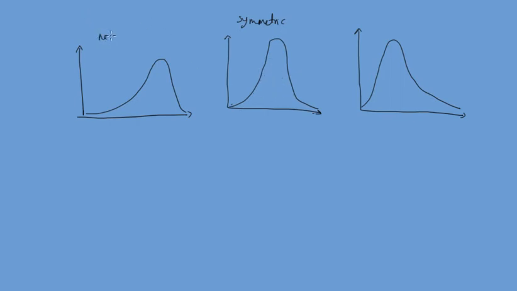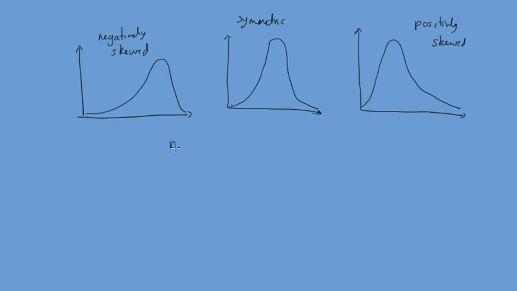This one here is negatively skewed. So it's got a longer tail to the left, and this one is obviously positively skewed. So it's important to be able to recognize these different shapes.